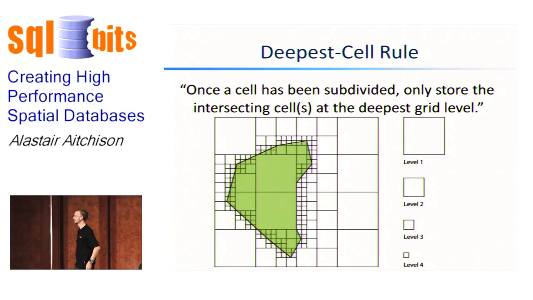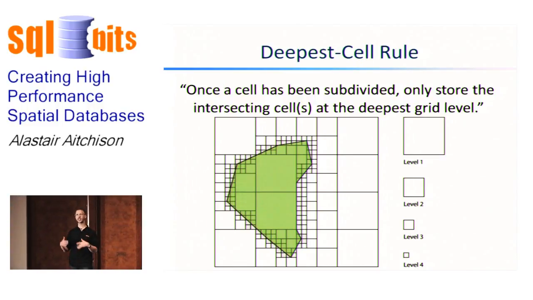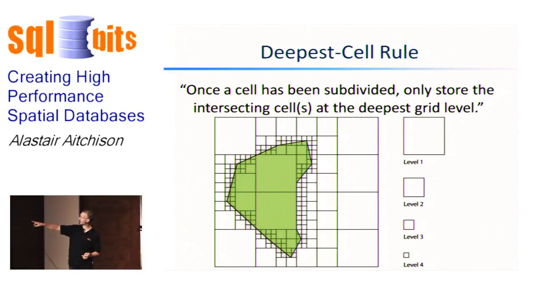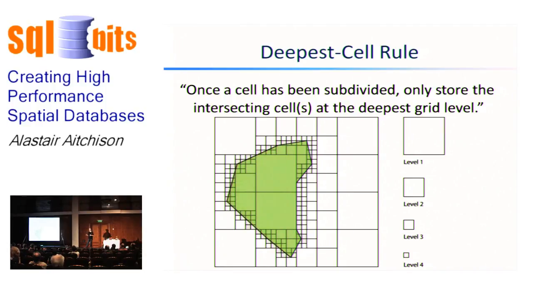which is the deepest cell rule. Now, the deepest cell rule is a little bit like the covering rule in reverse. And what this says is, if a cell has been subdivided, so we've gone down to one of the deeper levels, only store the intersecting cells at the deepest grid level. So for this example, if you have a look at one of the little cells around the edges of the geometry where we have drilled through right to level 4, each level 4 cell can only be contained in one level 3 cell, which in turn is only contained in one level 2 cell.